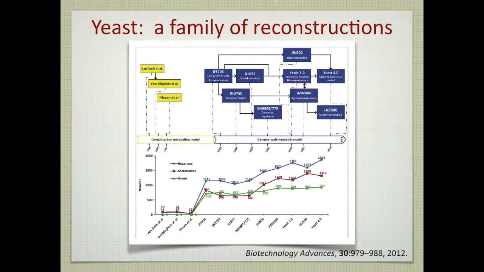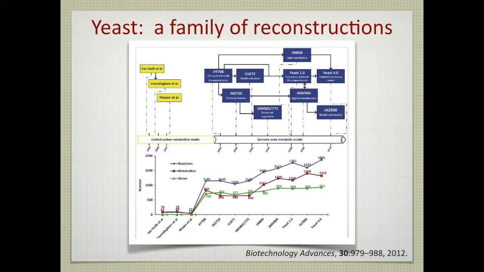Then after the genome sequence came out, there was a model built and published in 2003, as I recall, called iFF708. So FF stands for Famili and Forster in that case, the last names of the two people that built this together. It was a European, US kind of collaboration, if you will.